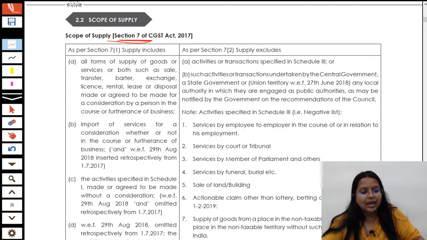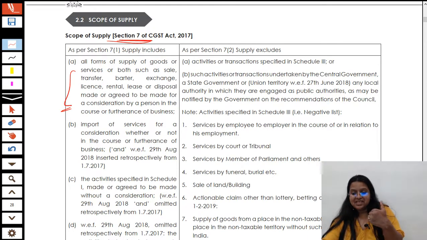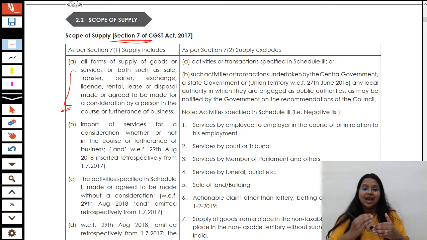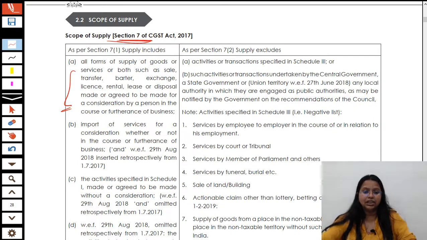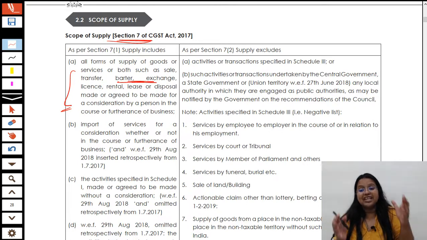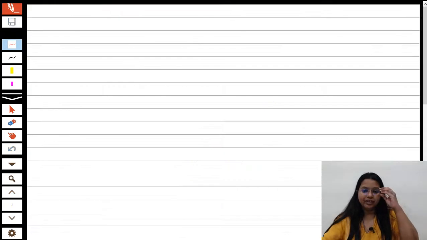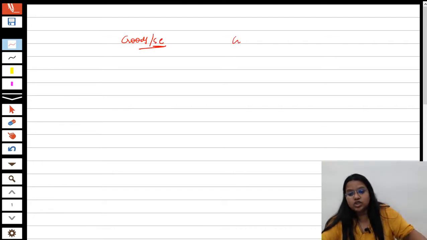Now what do you mean by these forms of supply? Sale means whenever we sell any product to any person. Transfer means that we are transferring the title of that product to any other person. Next is barter. Most of the students get confused between the meanings of barter and exchange, so let's understand it. Barter means when we provide any goods or services in lieu of receiving any goods or services.